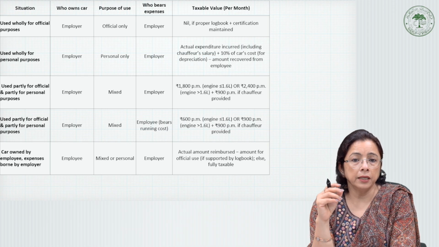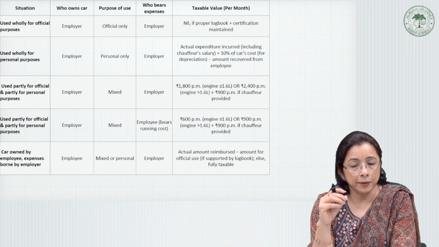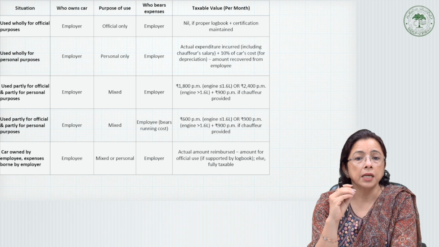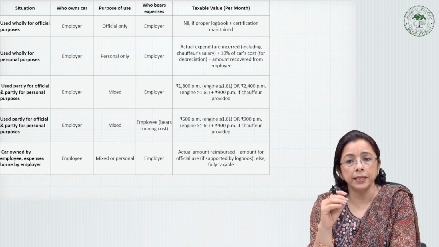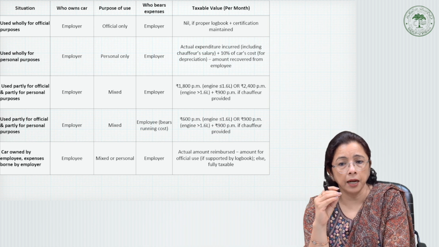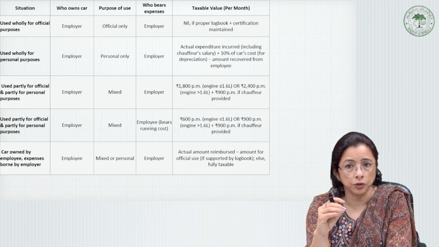The first thing that we have to know is the car owned or hired by the employer. The first category is this: if it is owned or hired by the employer, and the car is used wholly and exclusively in the performance of his official duty.